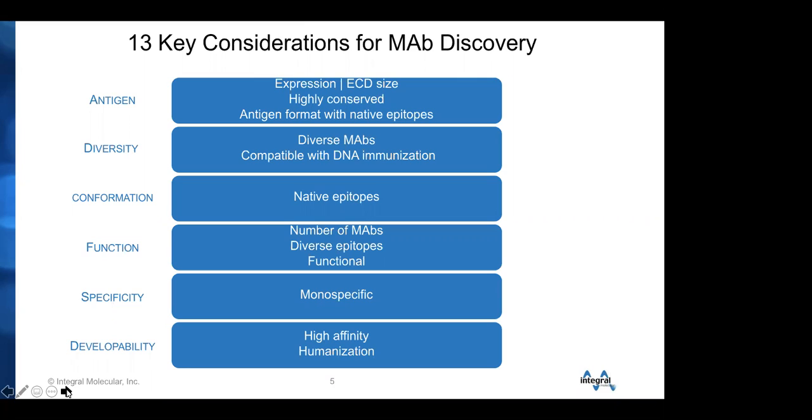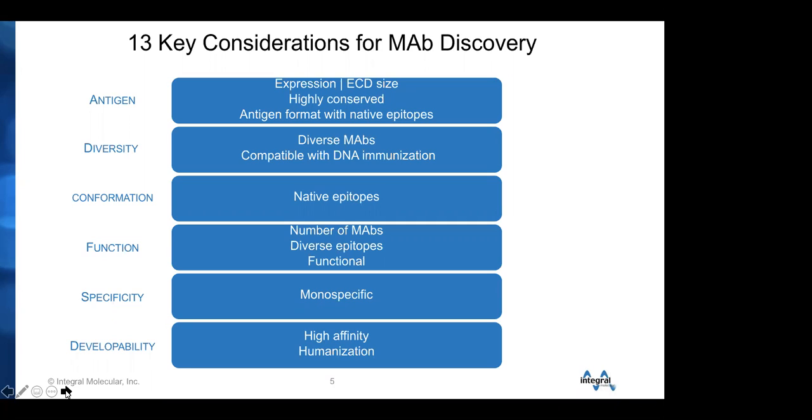The 6 steps addressed start with antigen, and specifically antigen expression, the ECD size, as I mentioned before, sequence conservation, and always, I'm going to reiterate this many, many times, maintaining native conformation. Next is diversity with respect to the choice of animal for immunization, so that the project delivers a diverse panel of antibodies. Next is conformation, specifically always maintaining native epitopes, because that's really critical for a successful campaign.